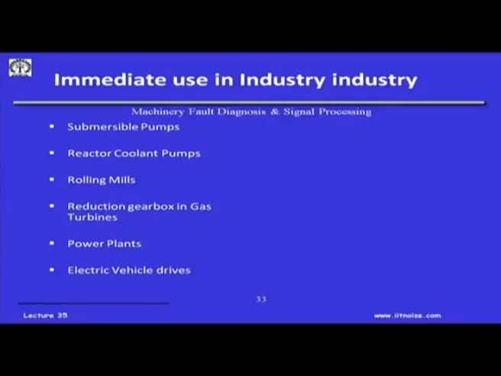Basically, they are all high power battery driven cars, wherein we have motors driving the wheels. Okay. And if there is a defect in this electrical motor, I am going to have a problem, or these motors drive a gearbox, and the gearbox with a speed reduction drives the wheels. So, I can have some sort of a monitoring mechanism in that.